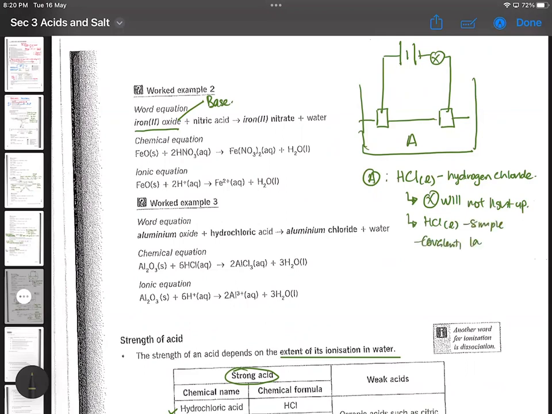Because of the lack of water, it does not ionize to form H plus. Therefore, there are no free moving ions. So if it's just HCl liquid, it doesn't happen.